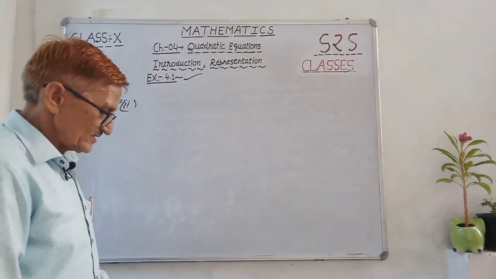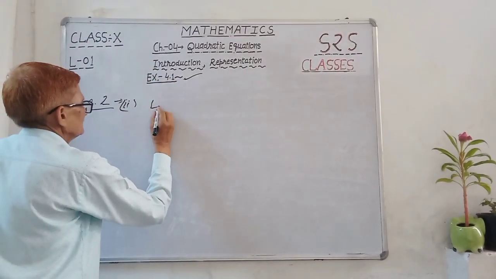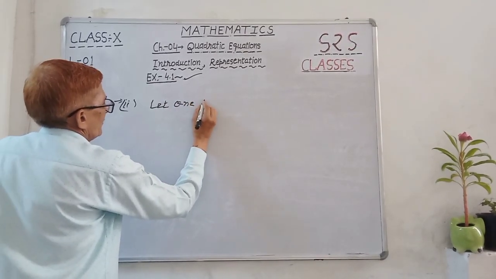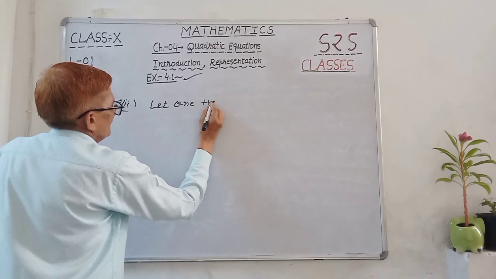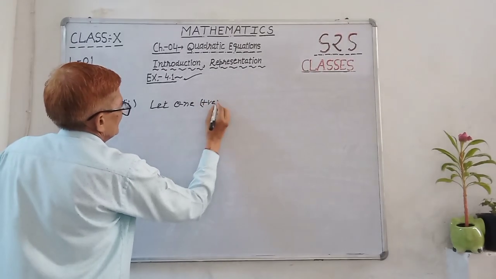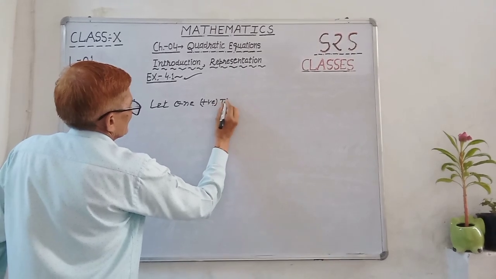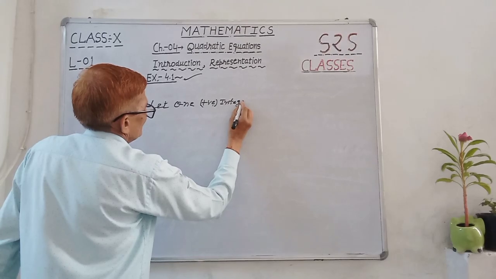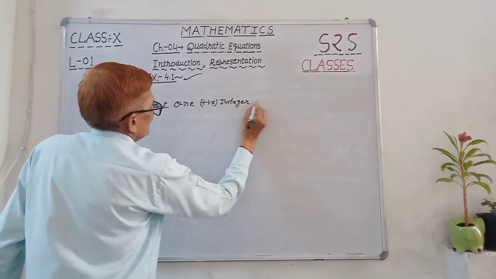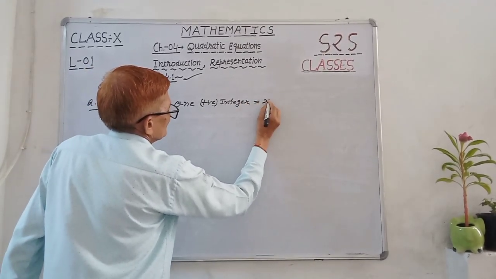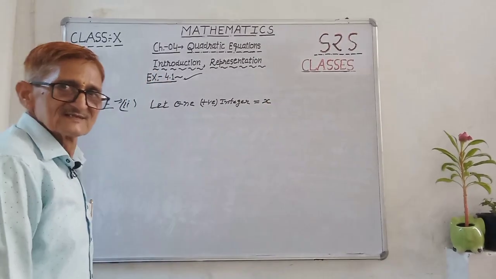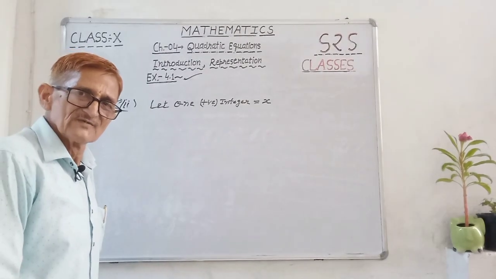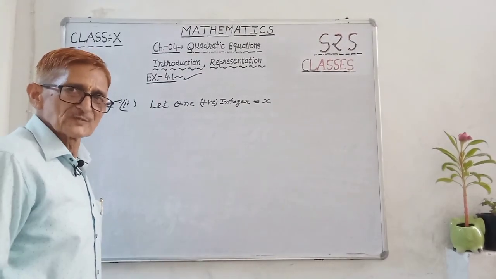Two consecutive positive integers. Let one positive integer be equal to x. Consecutive means 1, 2, 3, 4, 5, continuing. So if one is x, the other will be x plus 1.